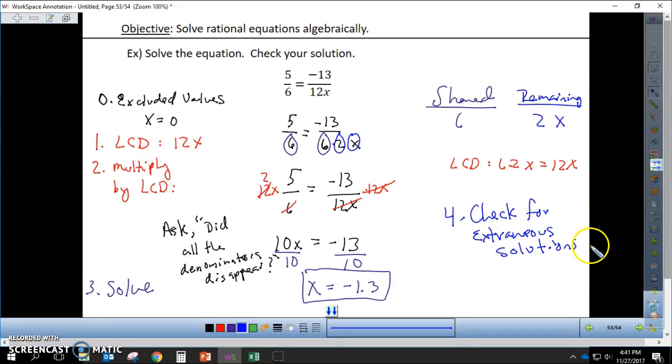You do this by asking, does negative 1.3 match any of my excluded values up here? I compare step 0 and step 3, and the answer is no, there are no excluded values. And step 5 will say our final solution is x is equal to negative 1.3.